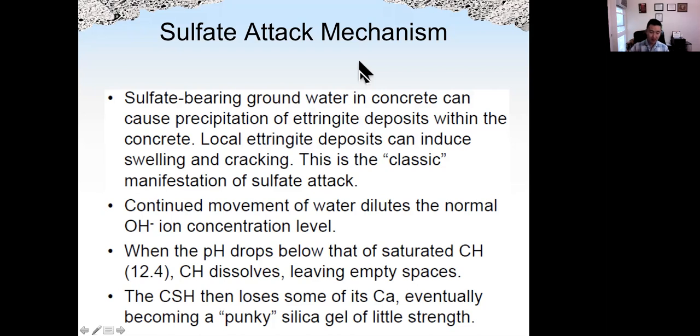Continuous movement of water will dilute the hydroxide ion concentration, so the pH level will be lower.